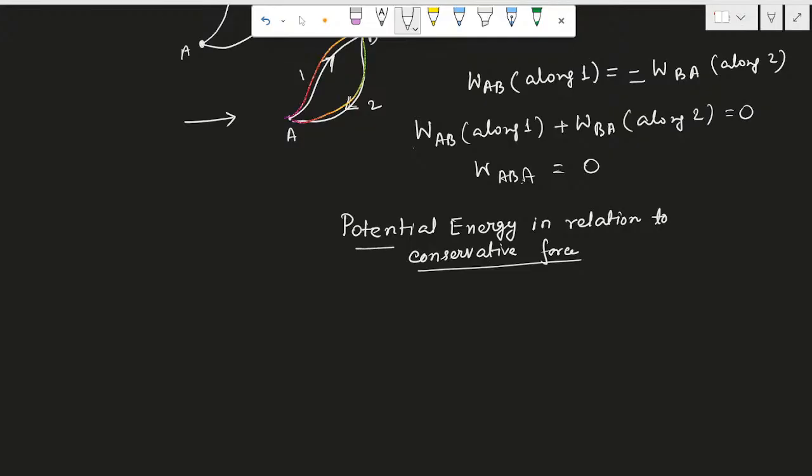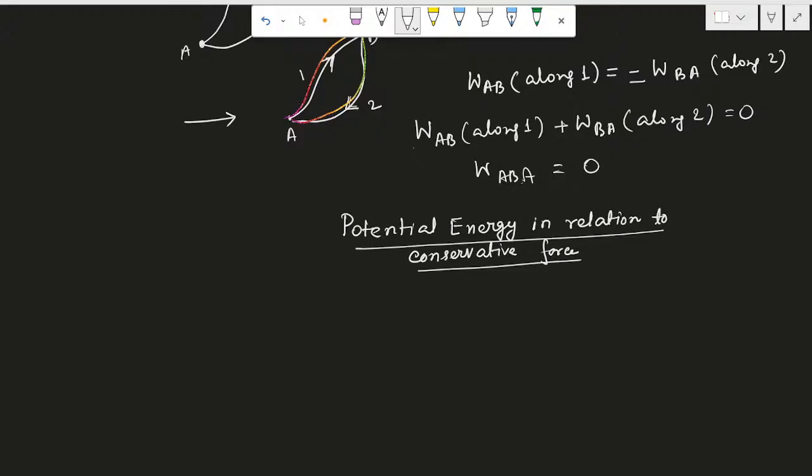That means the amount of energy possessed inside the body, and how it relates to a conservative type of force.